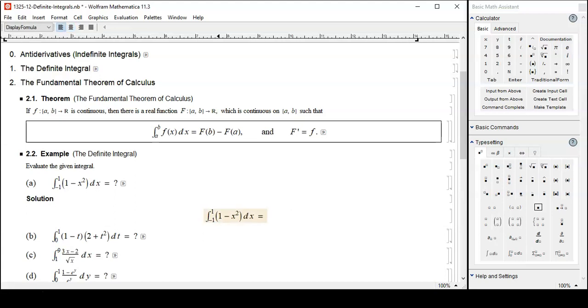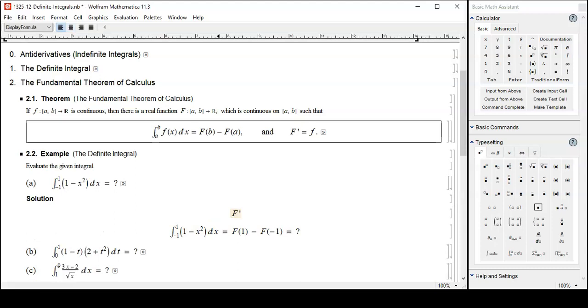So, this is capital F of b minus capital F of a. Here, b is 1 and a is -1. So we can calculate like this, if we know what capital F is. So what is this capital F? The derivative is the original integrand.